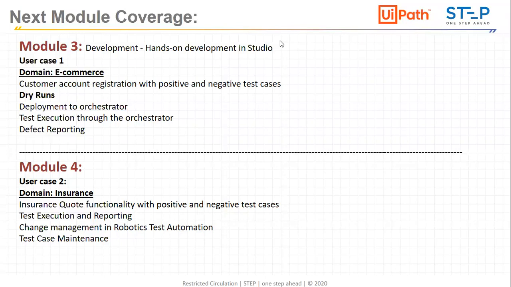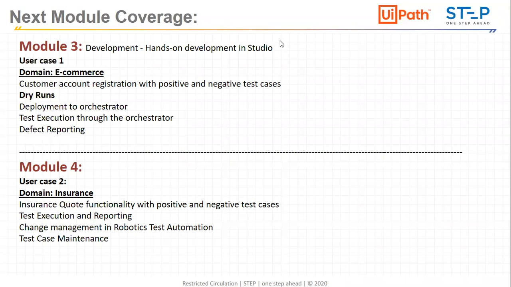There will be an e-commerce application which we are going to automate in front of you. Maybe you can get the test suite on your laptop and do the same thing which we will be showing in this session. After this session you will have one e-commerce application automated on your laptop. That is a very important hands-on session which we will be having in module 3 next Saturday.